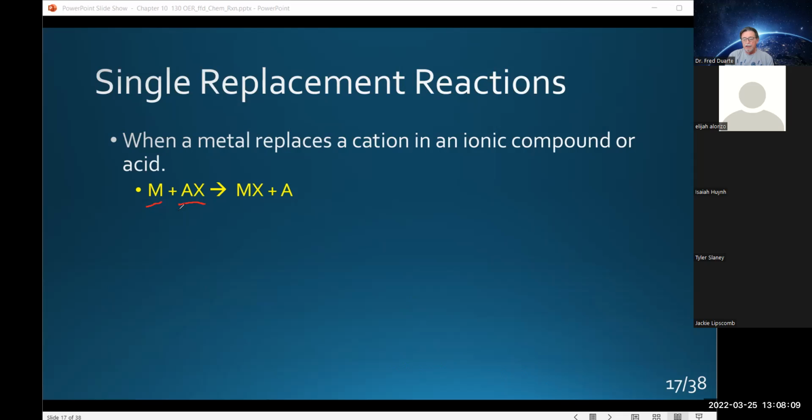Okay, and if there's a reaction, the metals change position, and now where we had metal element, now we have ionic metal M, which was elemental form, now becomes in ionic form. Okay, and then the A, which was in ionic form, now is in elemental form.